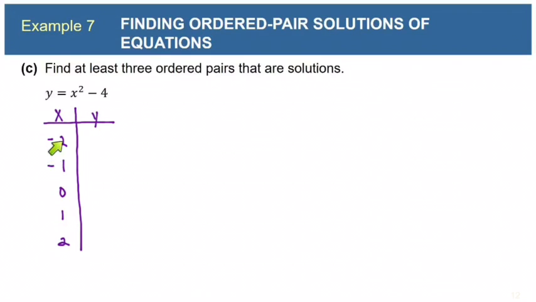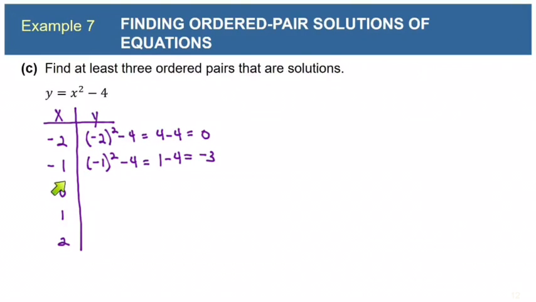If we plug in negative 2, negative 2 squared makes positive 4, and 4 minus 4 is 0. If we plug in negative 1, squared is positive 1, and 1 minus 4 is negative 3. If we plug in 0, 0 squared is 0, minus 4 gives us negative 4. If we plug in 1, squared is 1, minus 4 gives us negative 3 again.